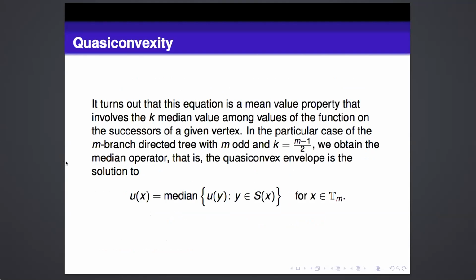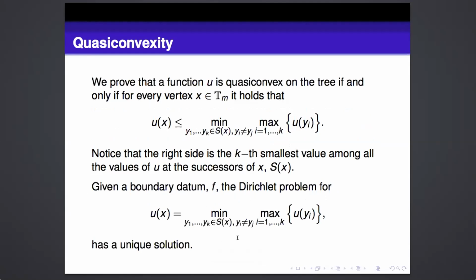Instead of the mean for the Laplacian, you are computing the median, so the value that is the intermediate value between the values of u at the successors. And this equation, u of x equal the median of u at the successors, is exactly the equation that characterizes the quasi-convex envelope of a function.